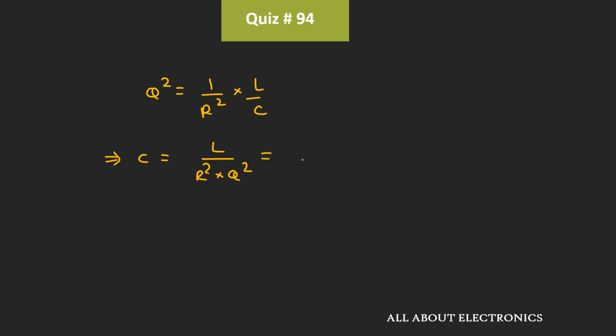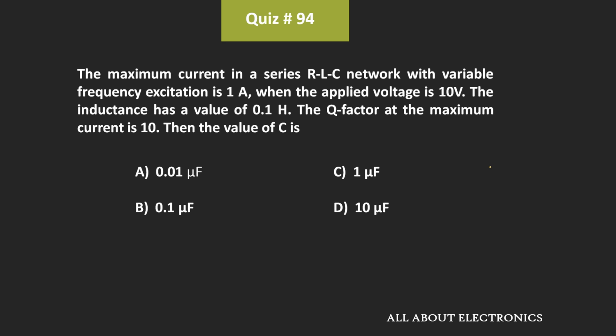That means C is equal to 0.1 henry divided by 10² times 10², that is equal to 10^−5, or we can say that it is equal to 10 microfarad. That means for the given series RLC circuit, the value of C is equal to 10 microfarad. And hence we can say that for the given question, D is the correct answer.